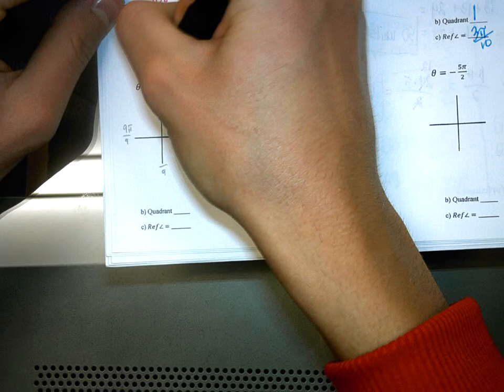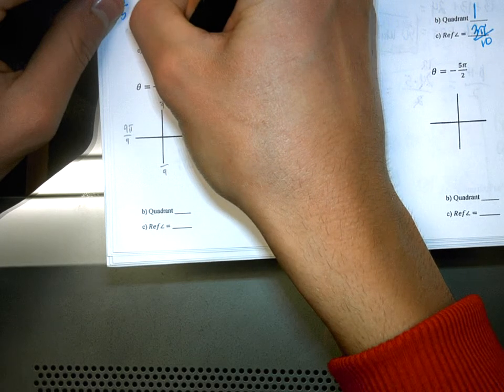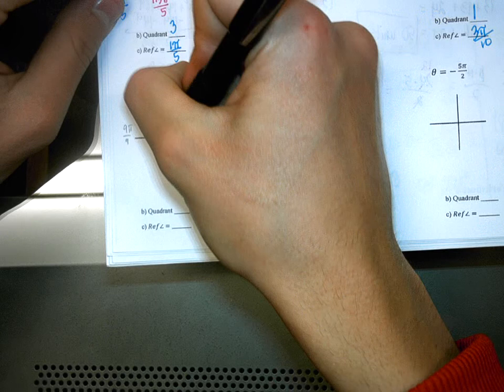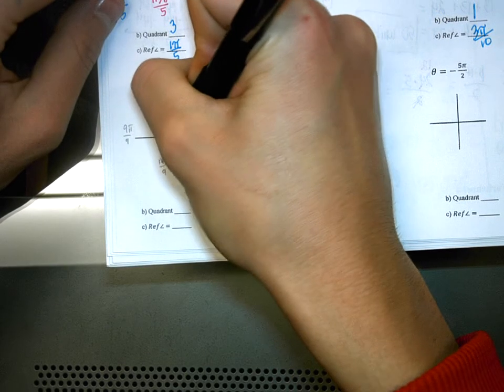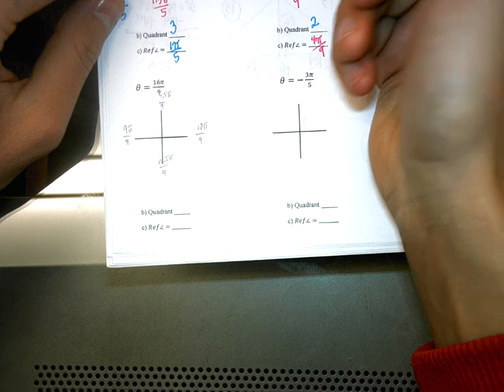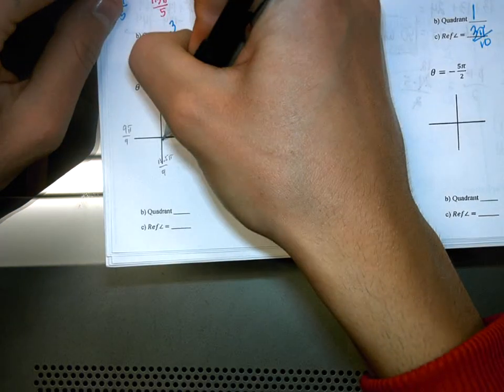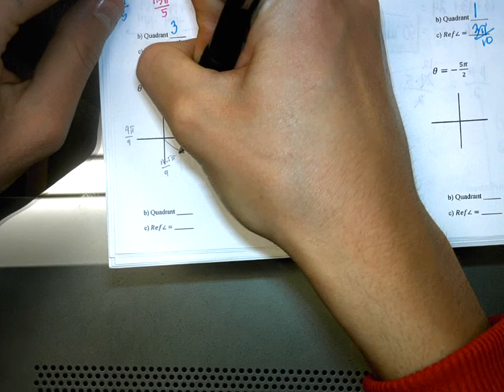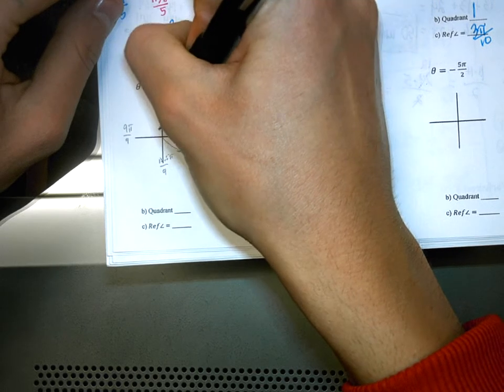The other side is 9 pi. Half of 9 is 4.5 pi, and when you add that on the bottom, we have 13.5 pi. Okay, so where will 16 be? It will end up there, perfect, in quadrant 4.